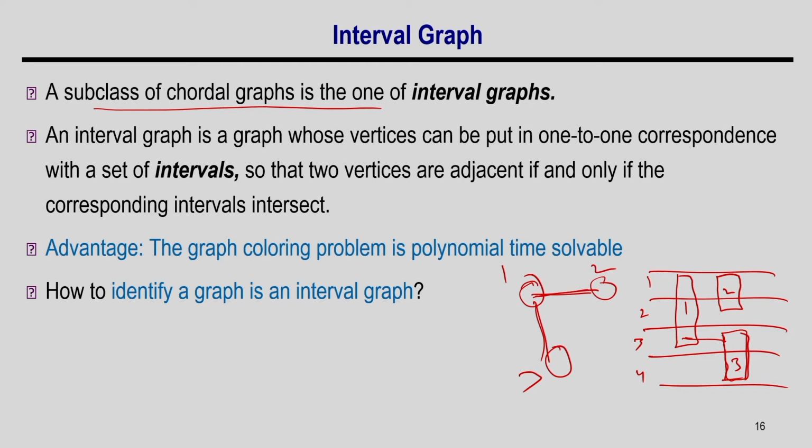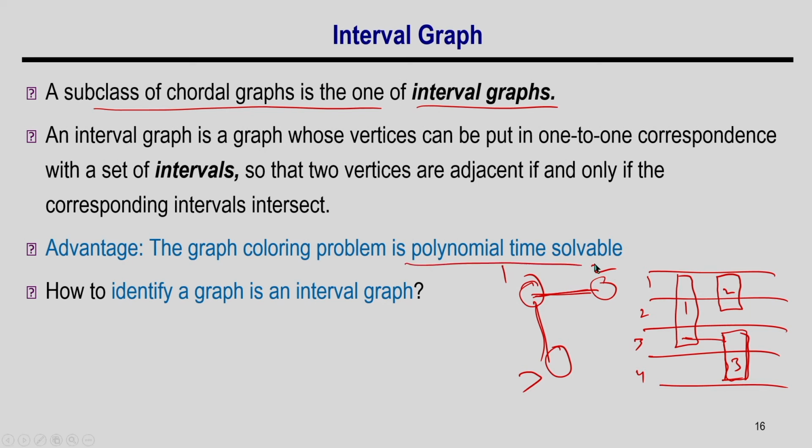So, given a chordal graph, if I can map the nodes to such intervals such that whenever there is an edge, the corresponding intervals overlap, then I will say this particular chordal graph is an interval graph. So, interval graph is a subset of chordal graph. Why is this interval graph so important?